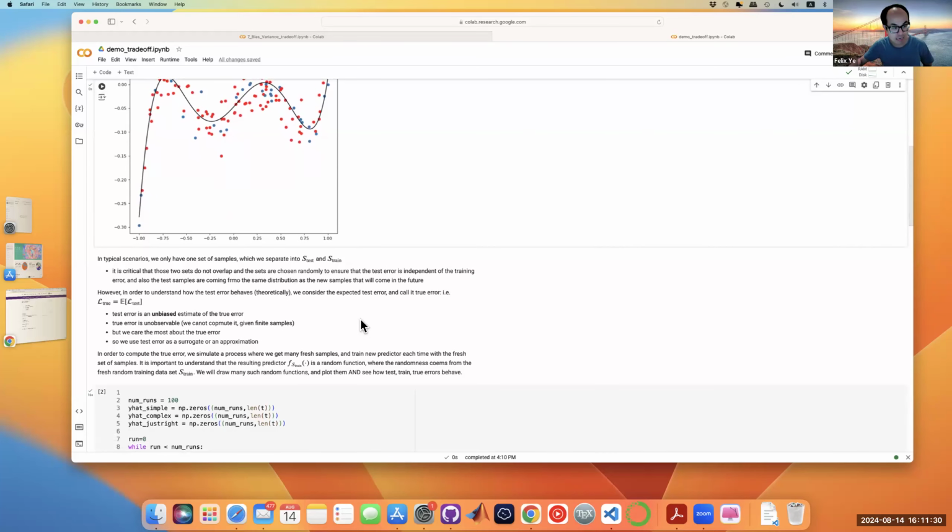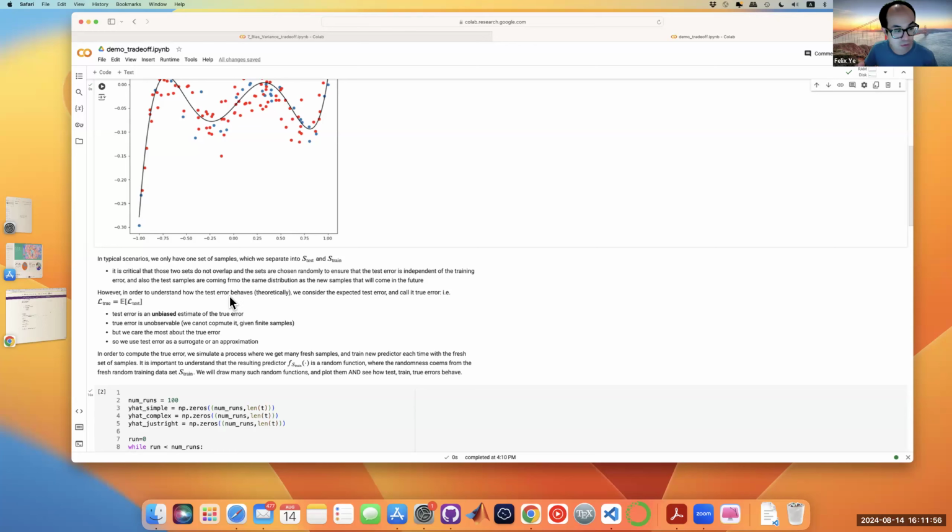I want to emphasize that the training data set and testing data set don't overlap, right? We need to make sure the testing data set is never used in the training, and this test error is independent of the training error. The test examples come from the same distribution, but are new examples.